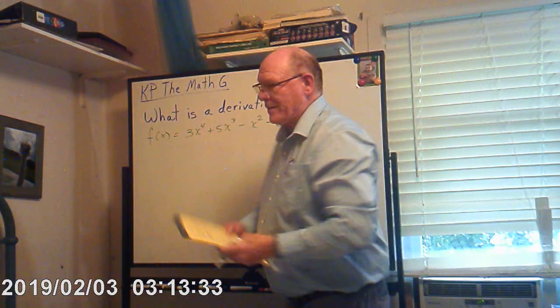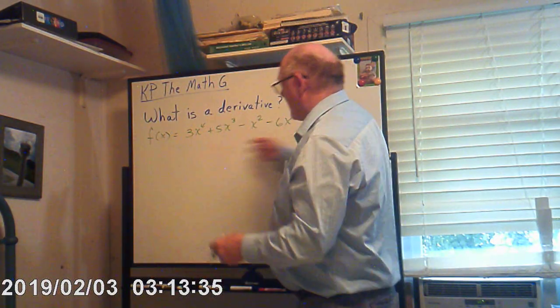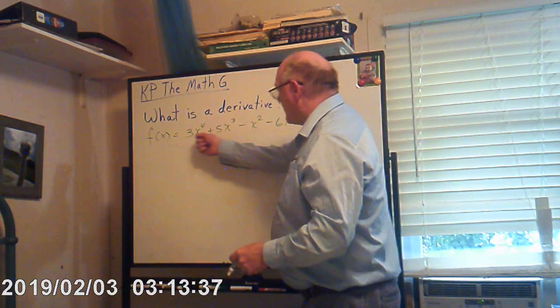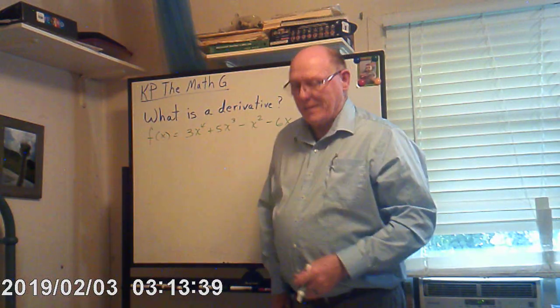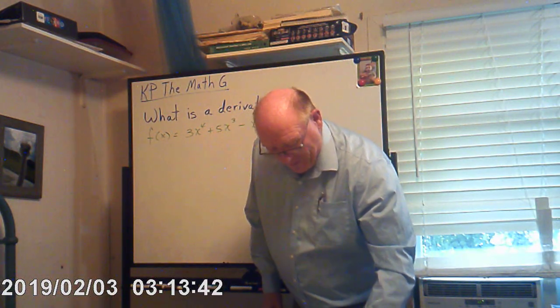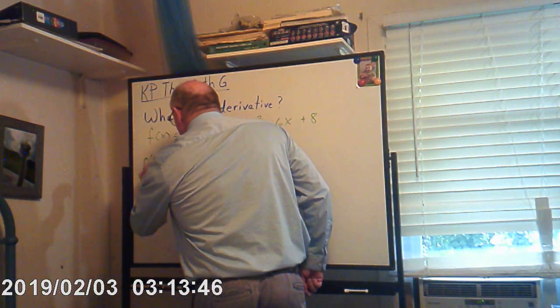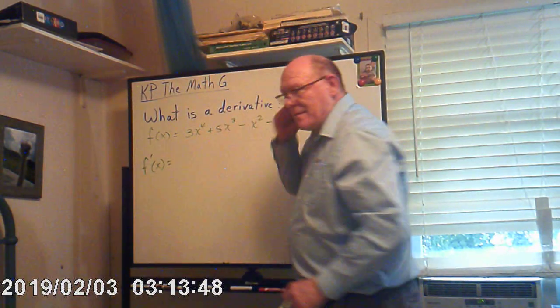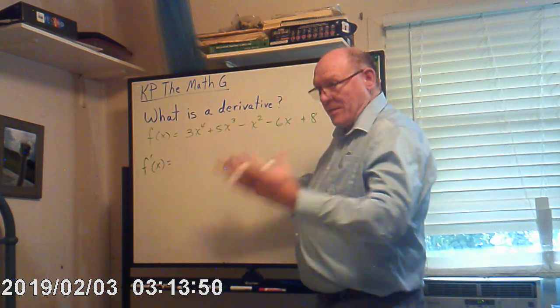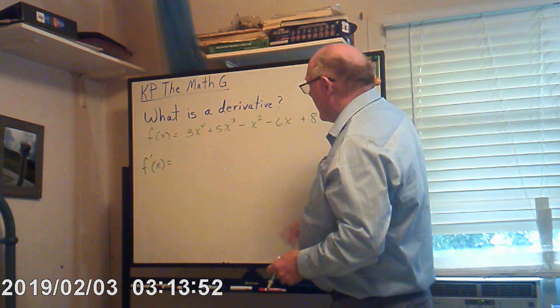Now you may be asked to find the slope of the tangent line to this curve. Well, you can do that. The slope would have to be f prime at x. Here's how you do it.